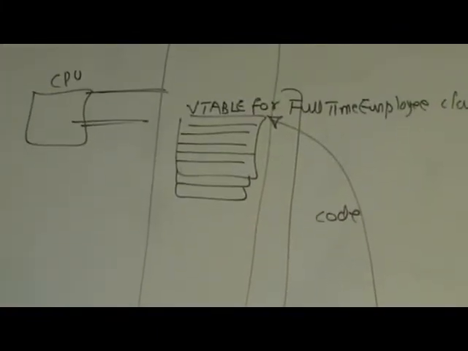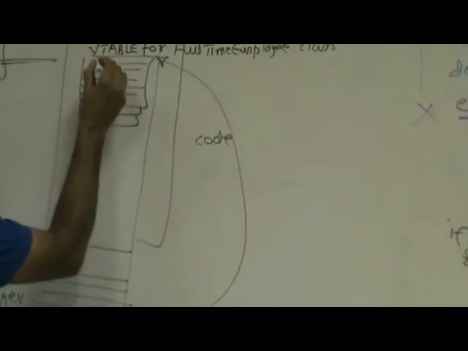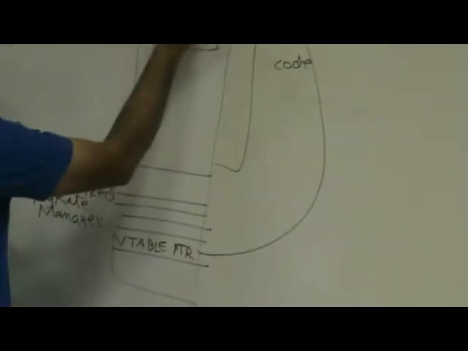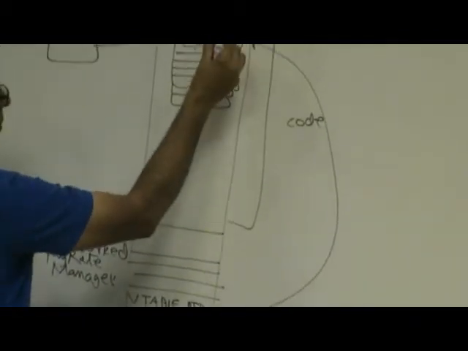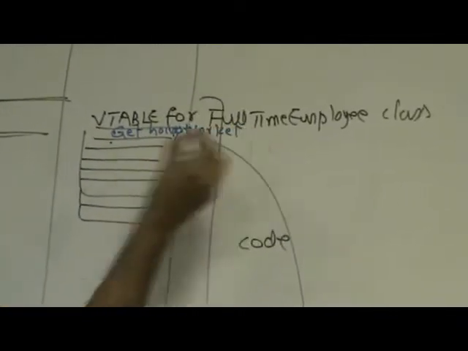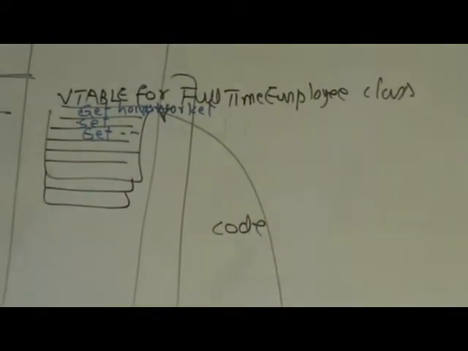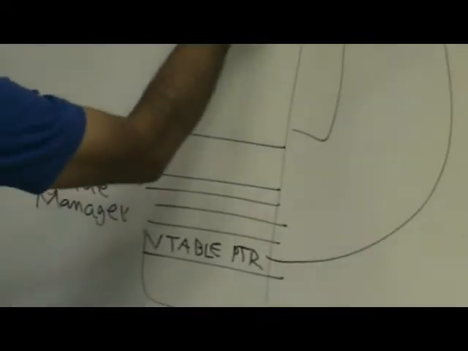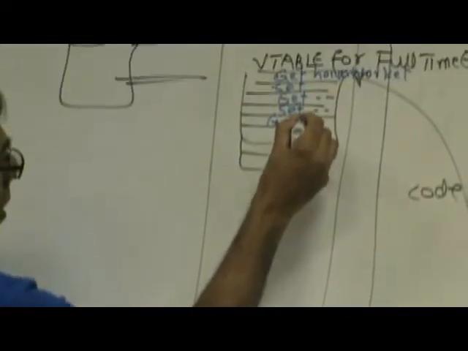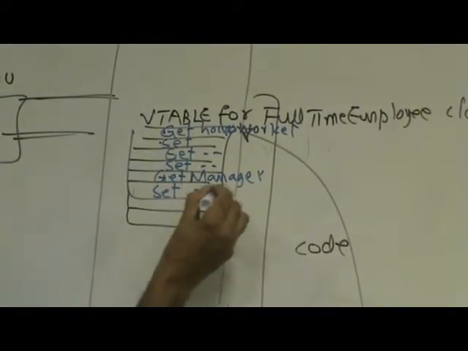And then these are the get and set entries, so get hours worked and set hours worked, and the same way get for the pay rate, set for the pay rate, get manager, and set manager, correct?